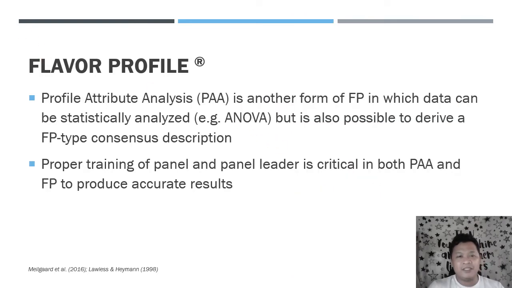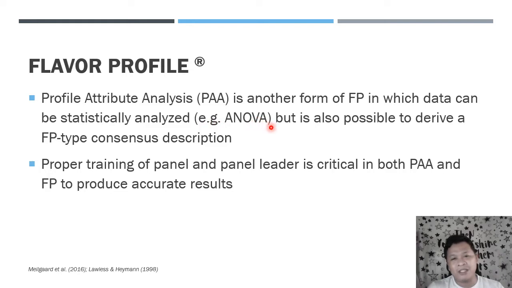One alternative is the profile attribute analysis. Medyo sa Tagalog, pangit yung acronym niya, PAA. So, it's a modern version of the flavor profile where you can use statistical analysis, basically treat it like a parametric test with at least interval information.